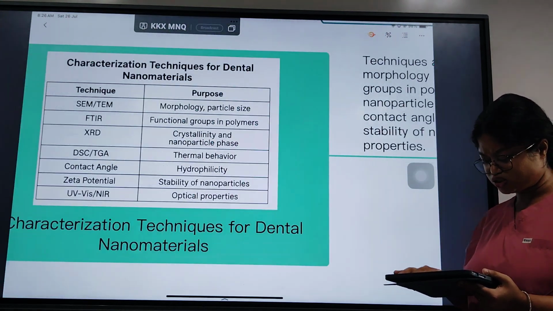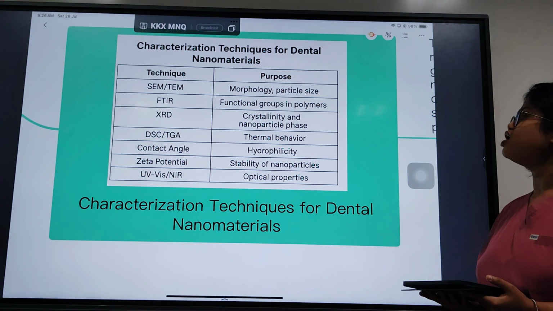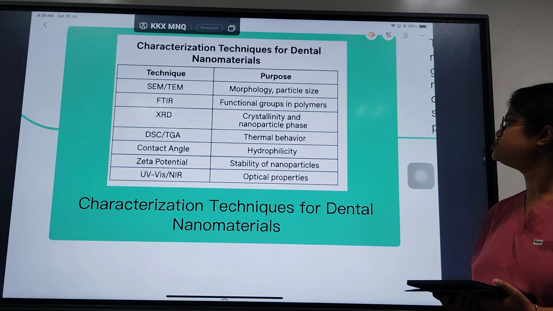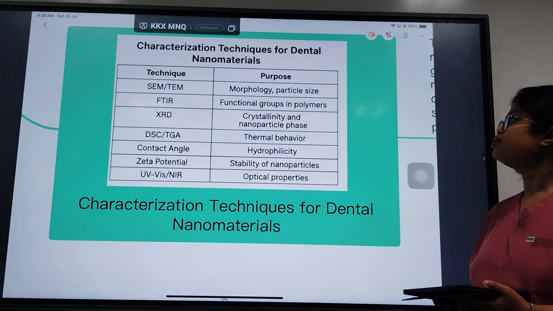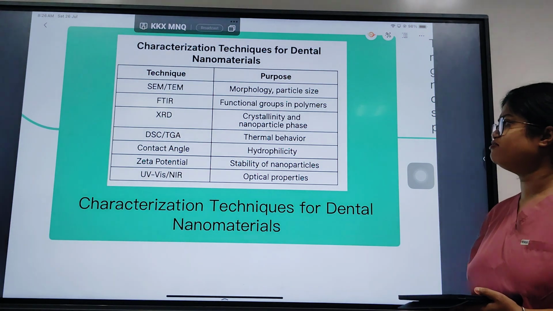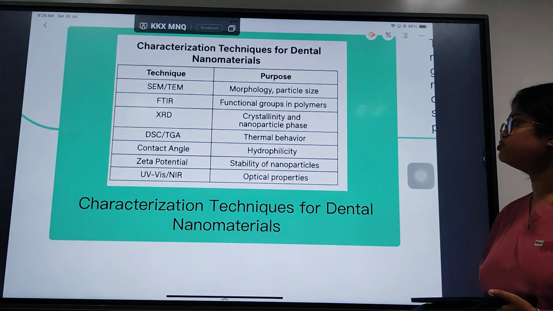What are the characterization techniques for dental nanomaterials? How are we going to characterize a nanomaterial-based polymer that we have developed? The common techniques are SEM and TEM, to assess the morphology and particle size of the developed material. FTIR will recognize the functional groups in the polymers.